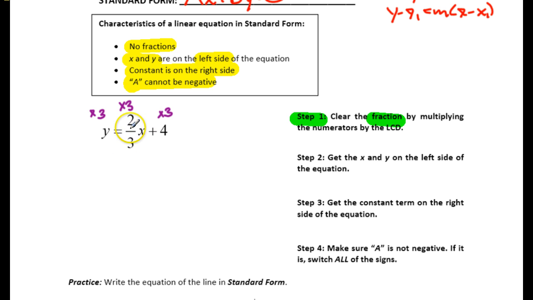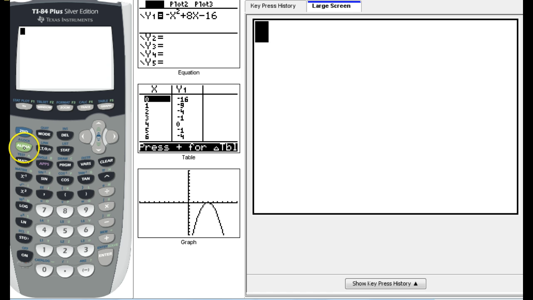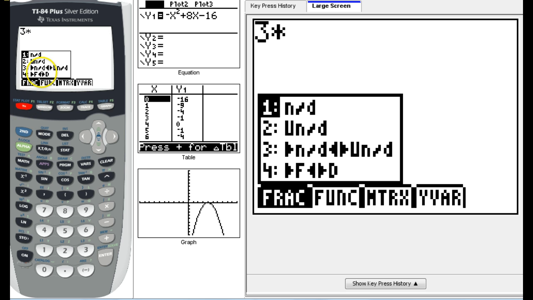Okay, so if we do that, 3 times y, that's easy. That's just 3y. Now here are 2 ways you can do the fraction. First of all, I can just know that dividing by 3 and multiplying by 3 cancel out, and I'm left with 2x. But if that's confusing to you, fall back to your calculator. It's 3 times 2/3. So watch, if I go to my calculator, and I do 3 times, and then put in your fraction, alpha y gives you the shortcut.